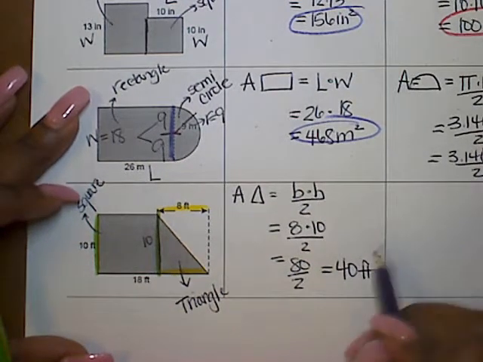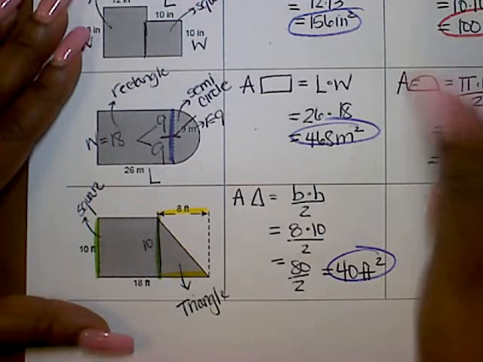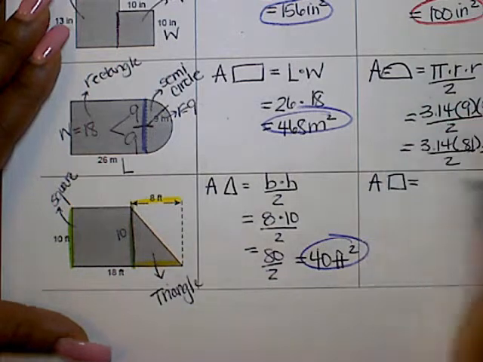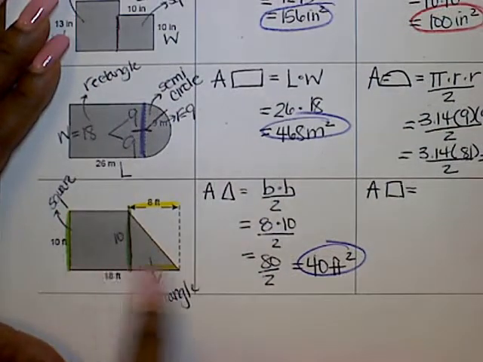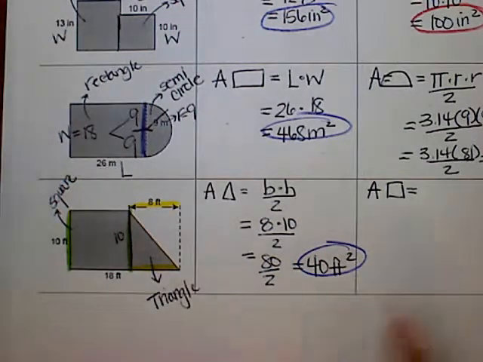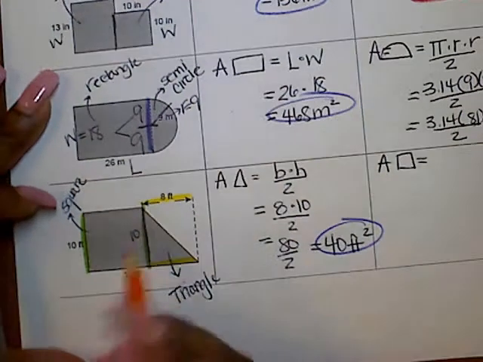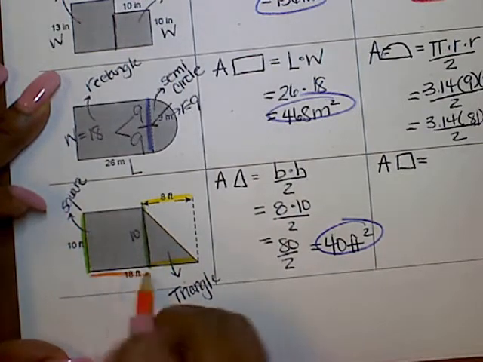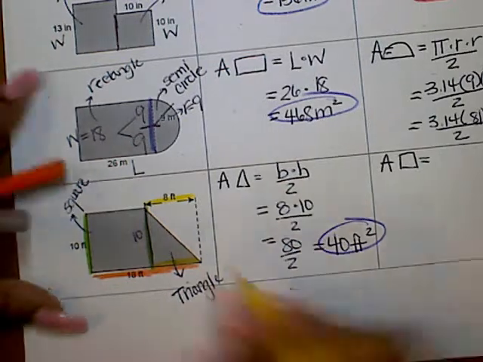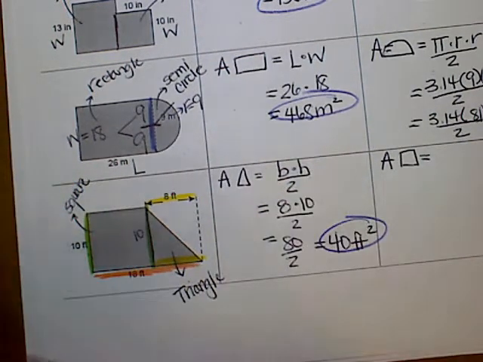And so now we have this square here. So the area of a square. And notice we think this whole side is 18. Well, this piece here is 18, but that's the whole side. So if we know this whole side is 18, but this piece is 8, what will this piece have to be here?